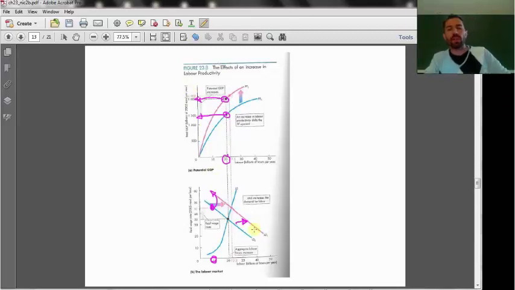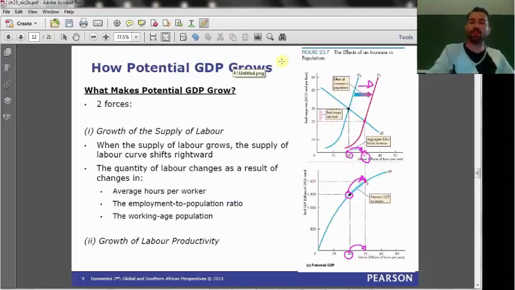So when we shift our labor demand function, two things happen. We shift the production function upwards, and then we have a movement along the new production function. Okay? So when we shift labor supply, all we have is a movement along a production function.